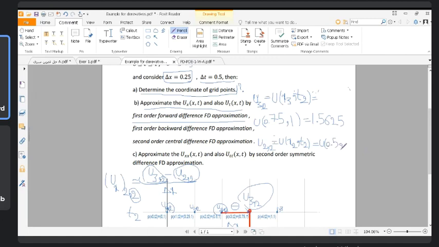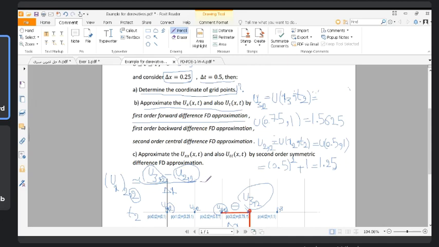And we should compute 0.5 power 2 plus 1, and equals 1.25. Okay? And now we should replace this value instead of U32 and U22.